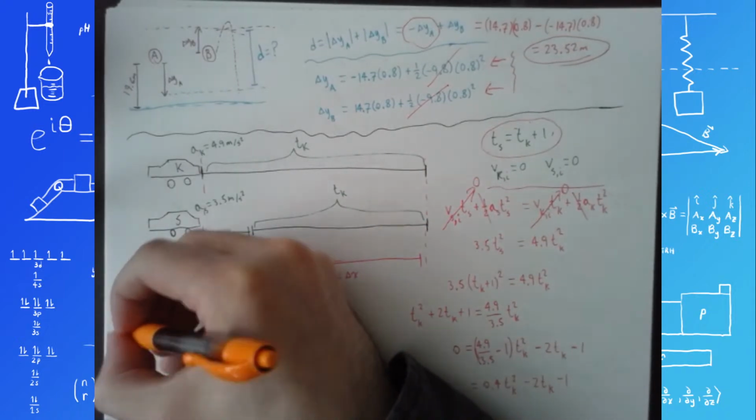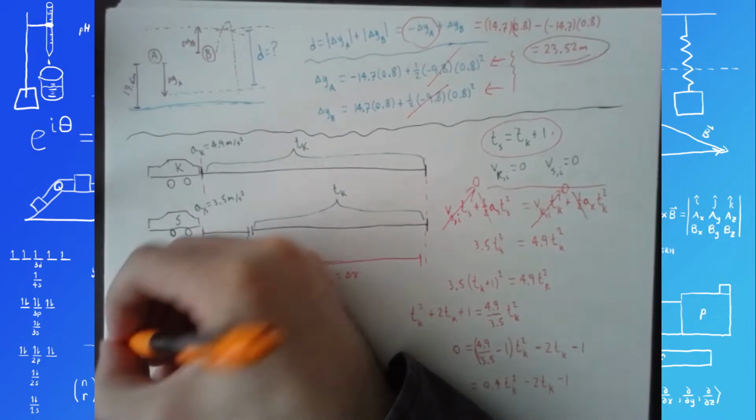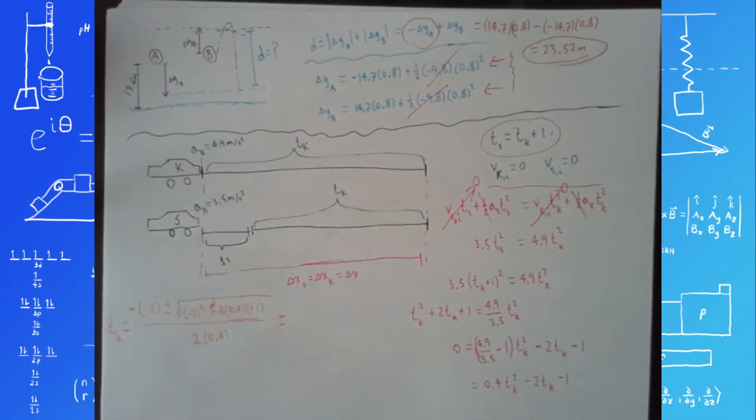So tk equals, if I put this into my calculator, negative 2 is positive 2. I'm going to start with plus the square root, and then negative 2 squared is 4, and then plus 4 times 0.4 times 1, all over 0.8.